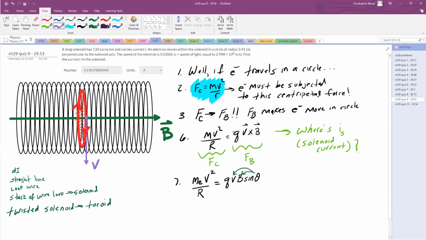Okay, so everywhere V and B are perpendicular. V and B are perpendicular everywhere because of my very insightful diagram.